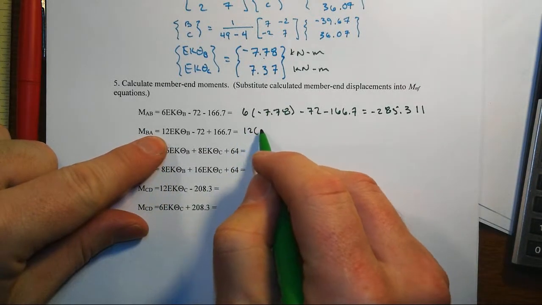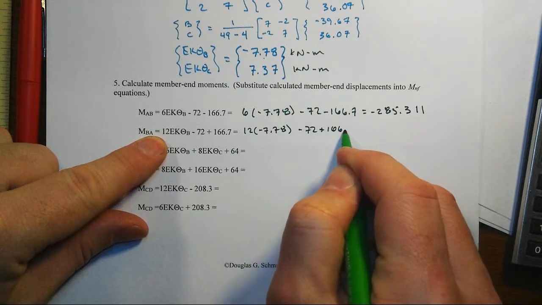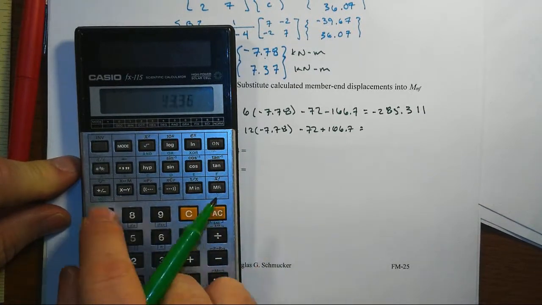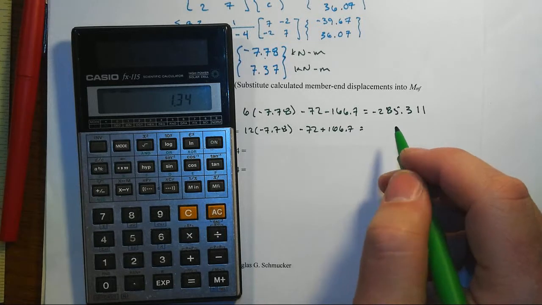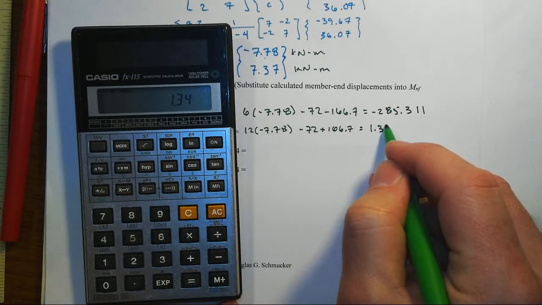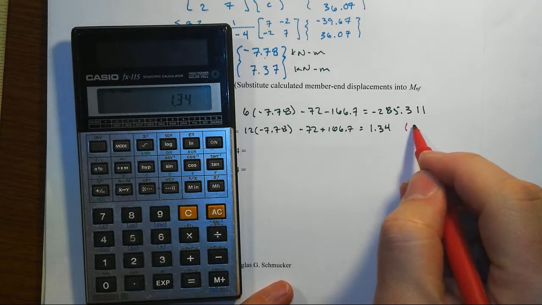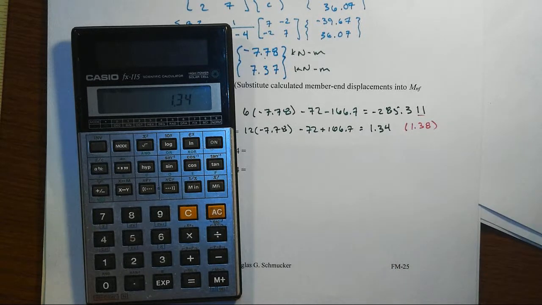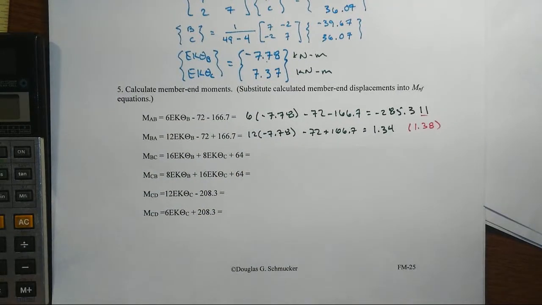Then let's do 12 times minus 7.78, minus the 72, plus the 166.7, and you get 1.34 positive. When I carry out a lot more digits, I get 1.38, and again, that seems pretty decent.